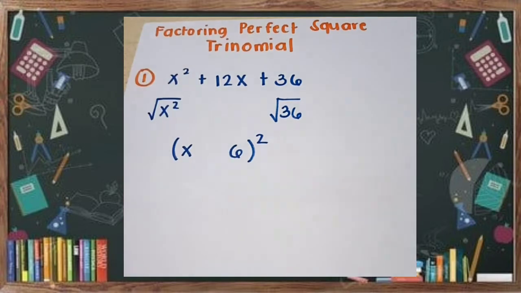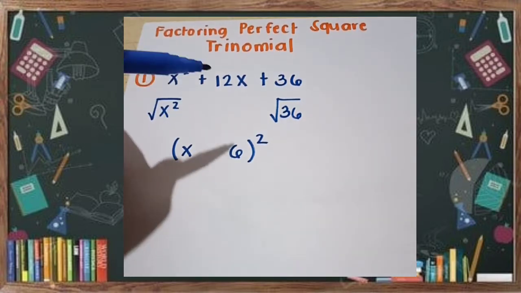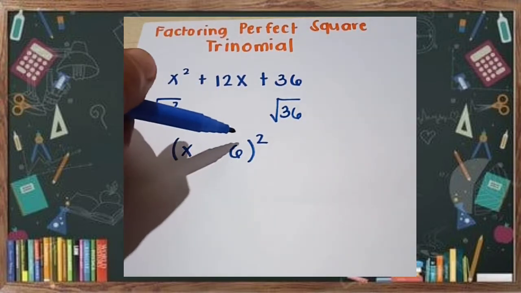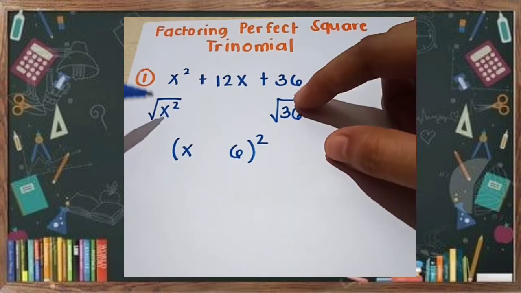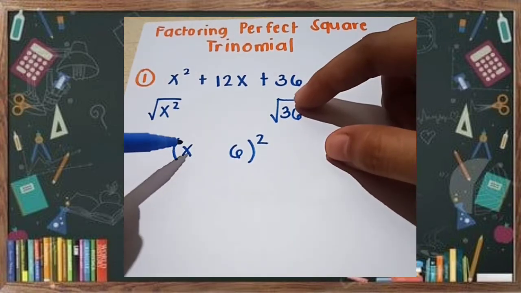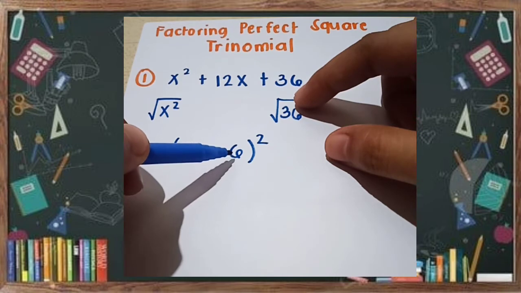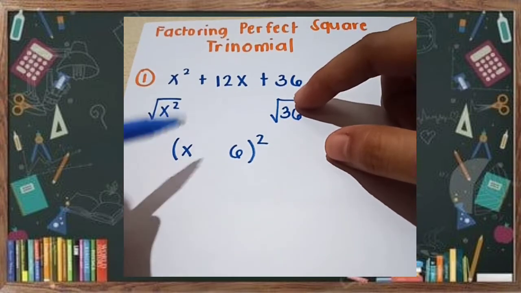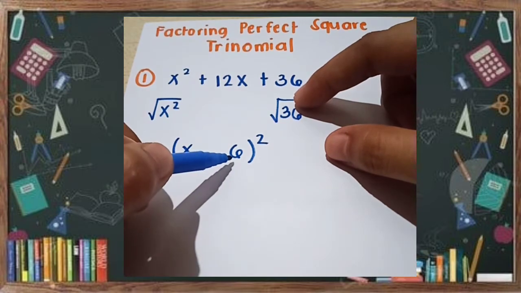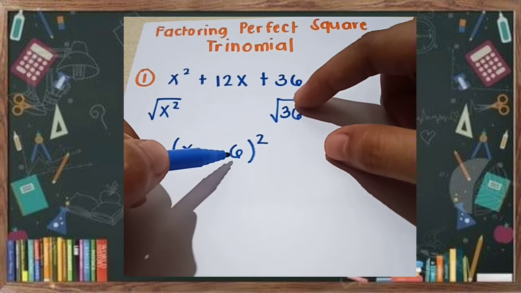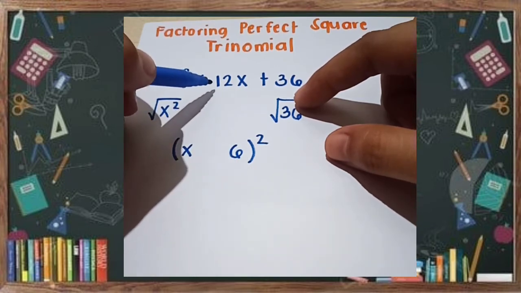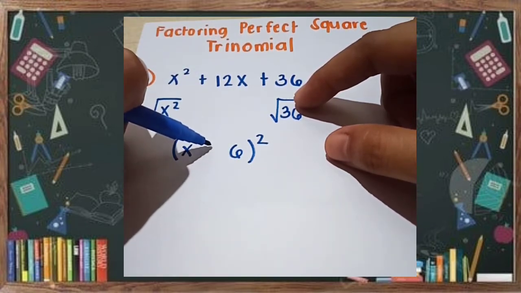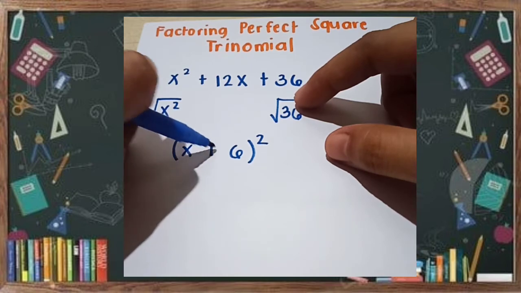Yun ay 6. Okay, so, titingnan natin kung yung nakuha nating square roots, kapag pinag-multiply natin at times 2, yung middle term ang sagot. So, x times 6 ay equals to 6x, times 2 ay equals to 12x. Kaya ang ilalagay natin dito ay plus.